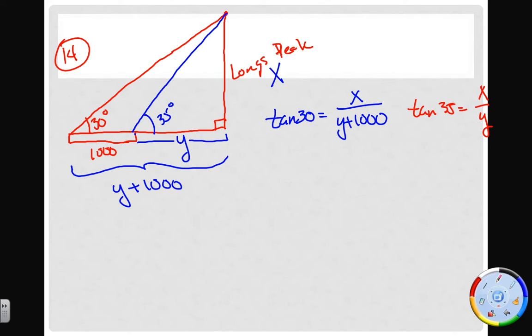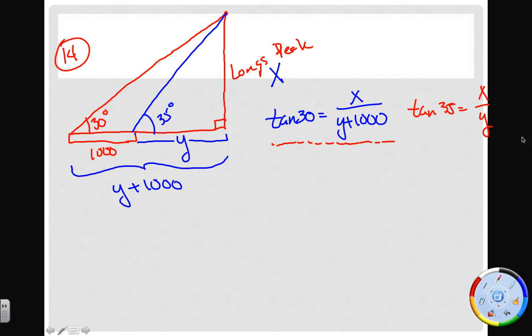All right, so now some of you are probably going, what? Well, I don't even know where to go from here. Now, let's look at this left-hand one. This left-hand one is going to be very important for us. You notice that I have two variables. Well, I don't like two variables. I like to have equations with only one variable so I can solve for that one variable. So let's do that.